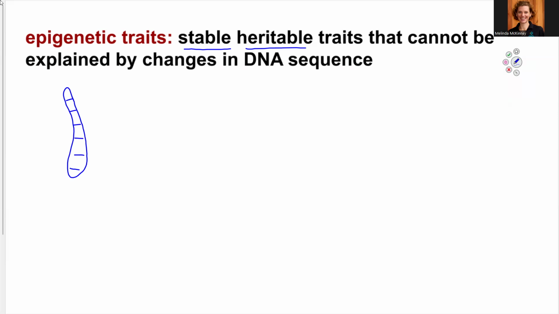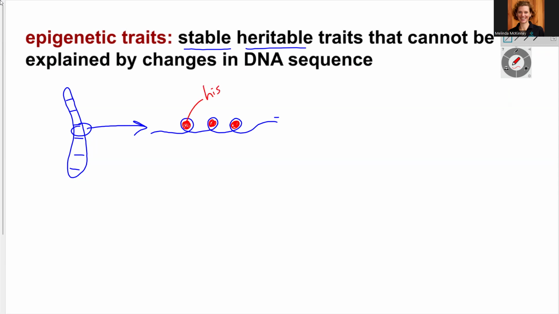If we were to zoom in on this chromosome, you would find that the DNA is actually really long, and so it's wrapped around these proteins called histones that help package it. The DNA is negatively charged. These histone proteins are positively charged, and it helps condense the DNA into a small package.